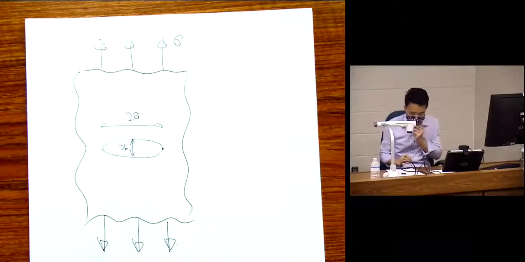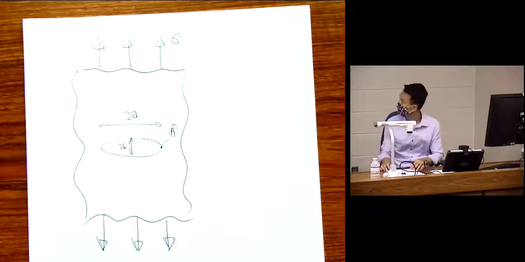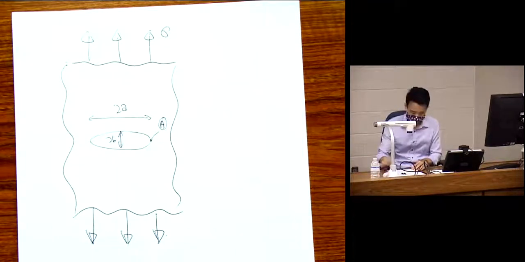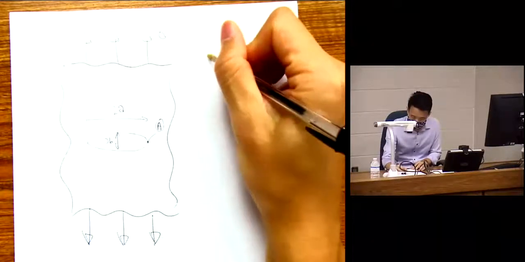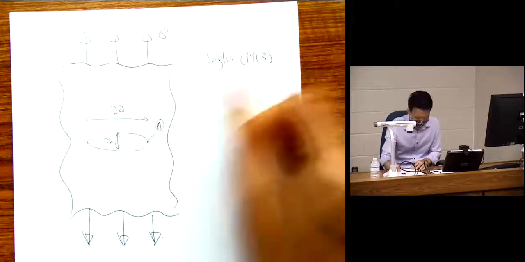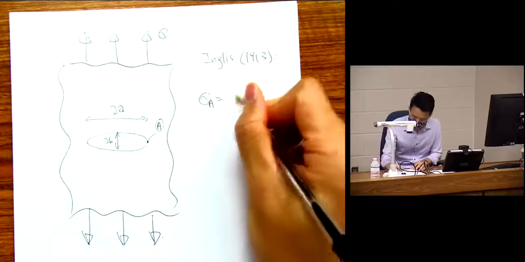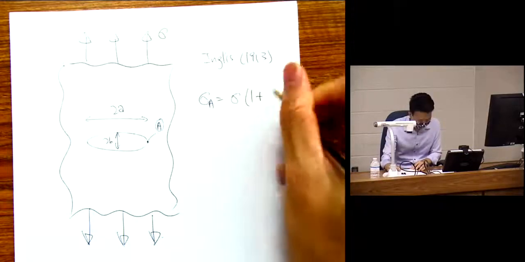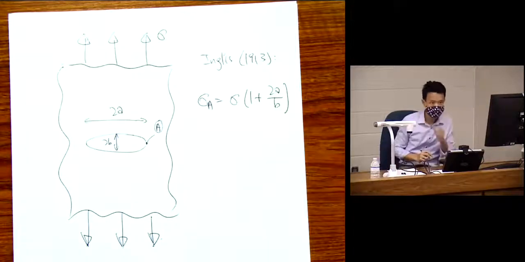Now, at that point, we call it point A. So the solution by Inglis, that is in 1913, is surprisingly simple. Okay.